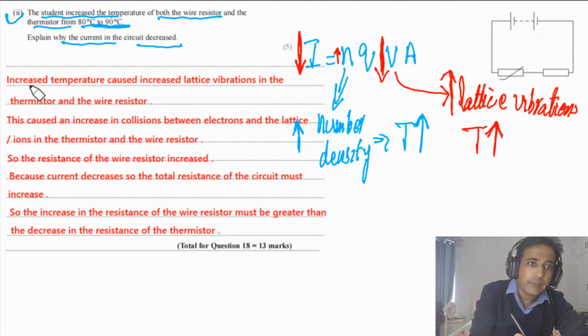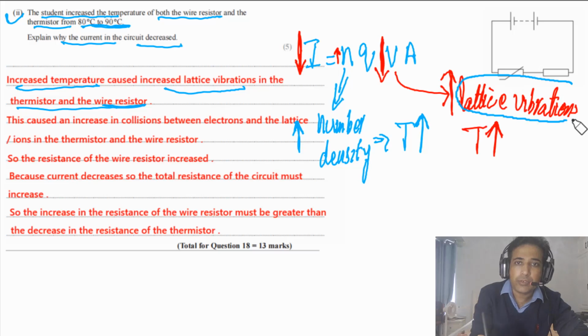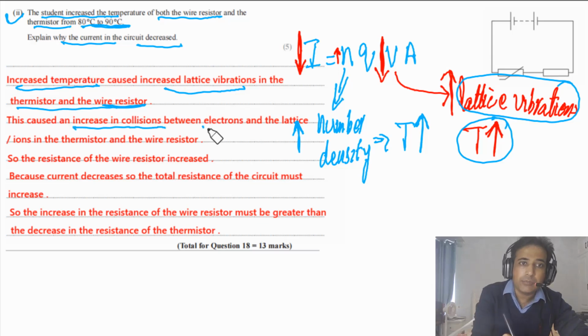First we have said increased temperature caused increased lattice vibrations in thermistor and wire resistor. So we have mentioned this point here. As temperature increase, lattice vibrations increase. This caused an increase in collision between electrons and the lattice in the thermistor and the wire resistor.